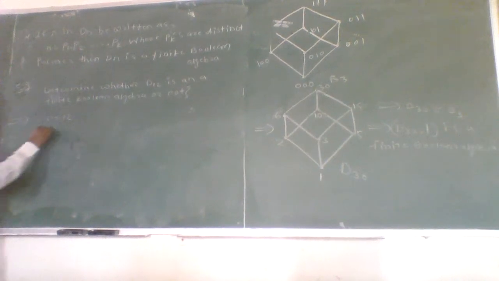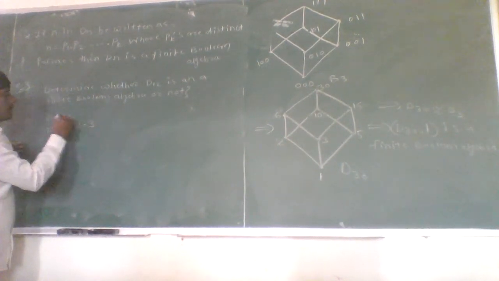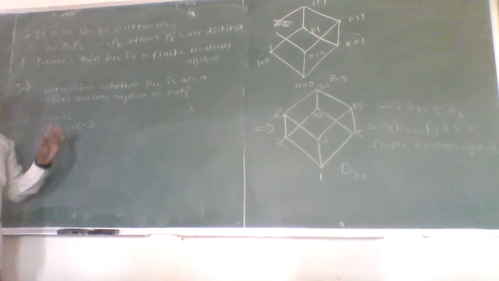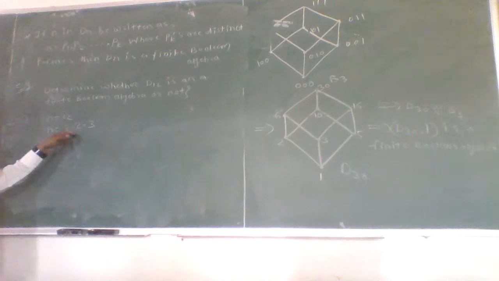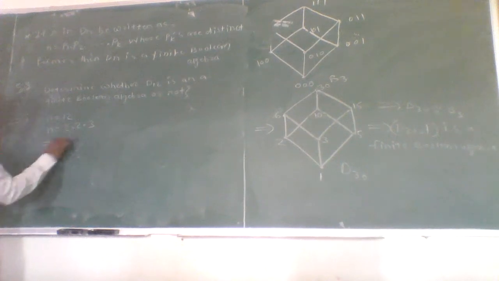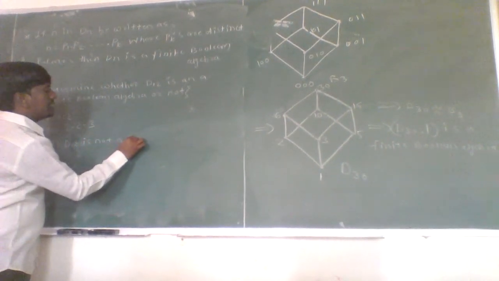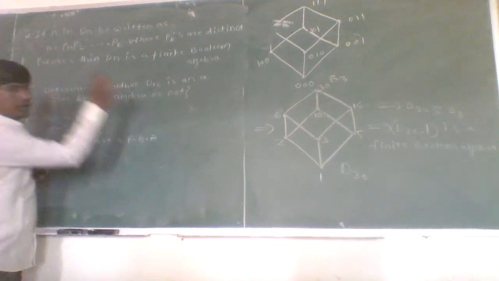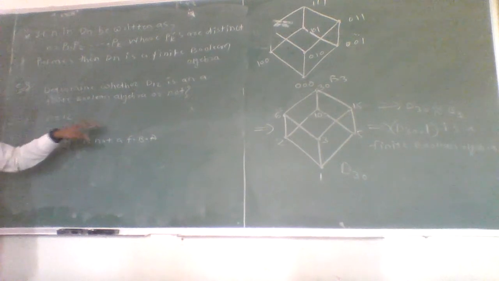Let us write this n as 2 into 2 into 3, since 2 into 2 is 4, and 4 into 3 is 12. But here n cannot be written as a product of distinct primes, since the prime 2 is repeated. Therefore D12 is not a finite Boolean algebra, since 12 cannot be written as a product of distinct primes.